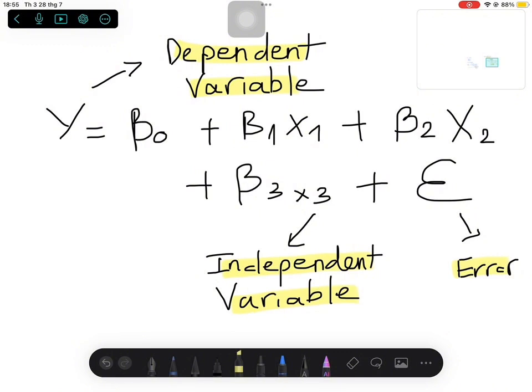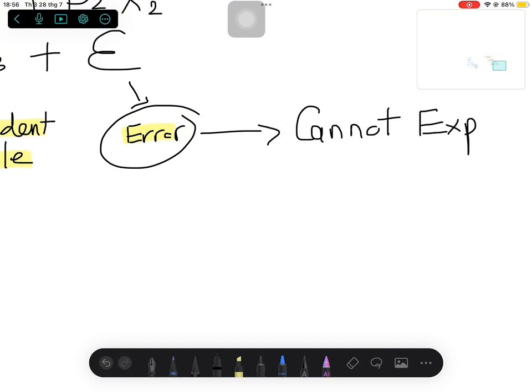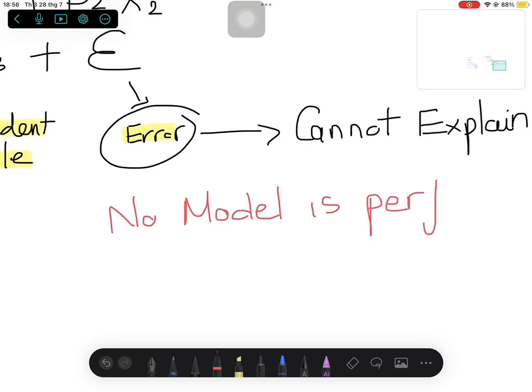The beta coefficients measure how sensitive Y is to these factors. And finally, the error term captures everything the model cannot explain. No model is perfect. There will always be unexpected events, measurement error, or factors we simply forgot to include.